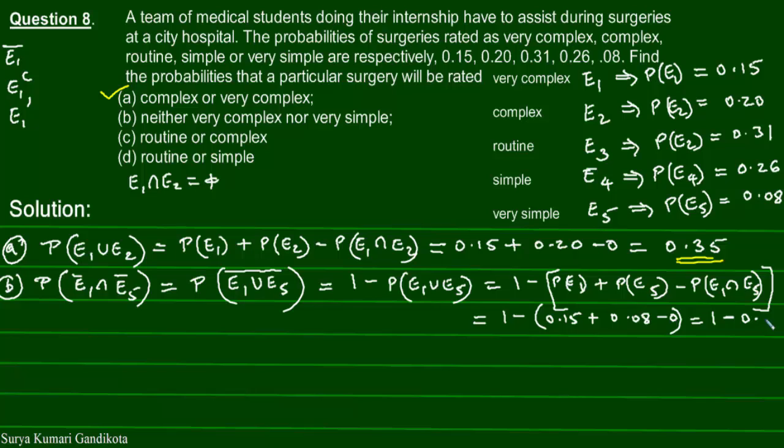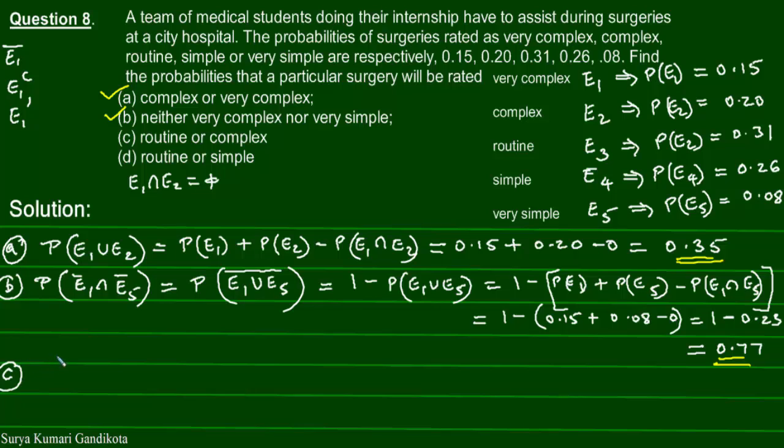On subtraction this gives us 0.77. So, this is the probability of the second combination, 0.77. So, we have done this. Now the next part, C, we have to do.